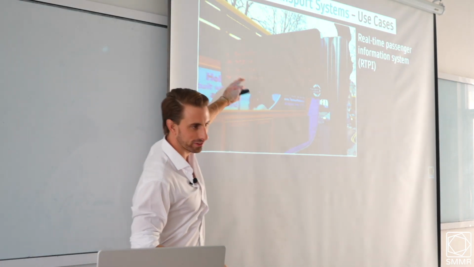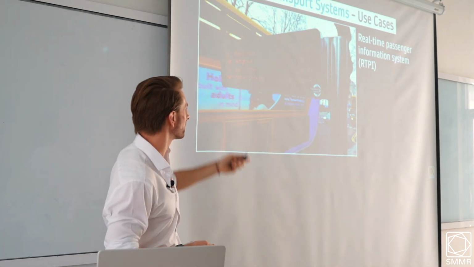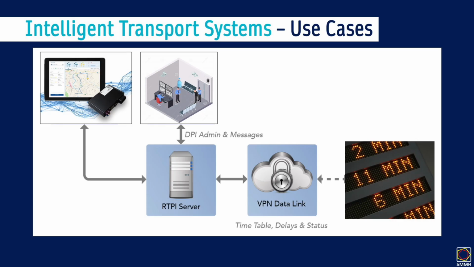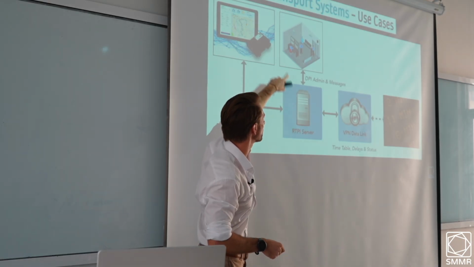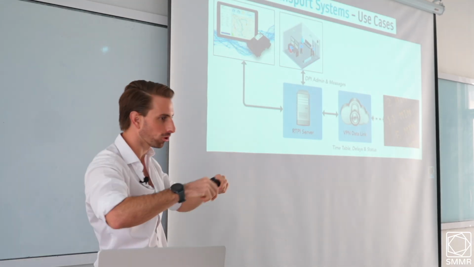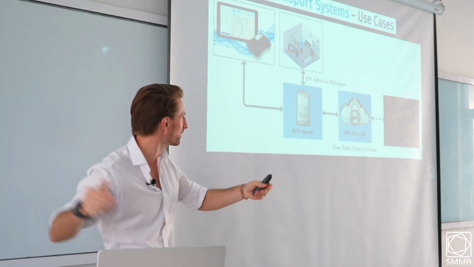And this looks very simple, but there's a lot going on here to get this information. This is a data architecture. So all different ITS have different data architectures. And for this particular example, in the bus, we have a telematics unit with a GPS that links to a server, probably in the control room. And we know where the bus is relative to the bus stop. We probably have an idea of how much congestion there is. And with that, we can determine how long it will take the bus to get from where it is to the bus stop.